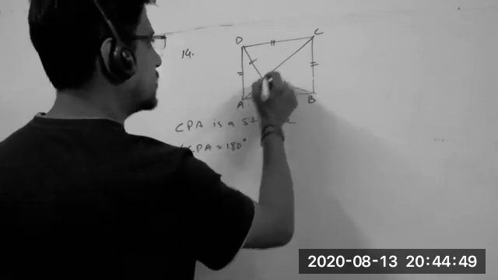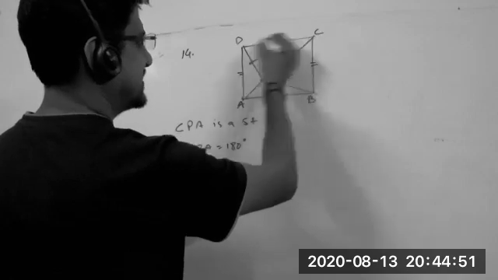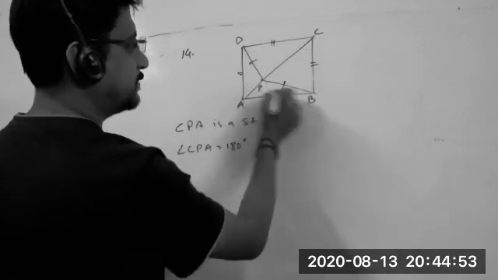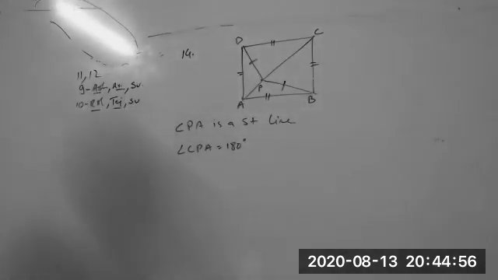So in triangle CPD and triangle CPB, can you prove it congruent? Yes, sir. CB is equal to CD as it's a square.